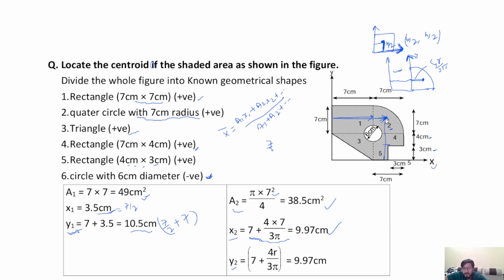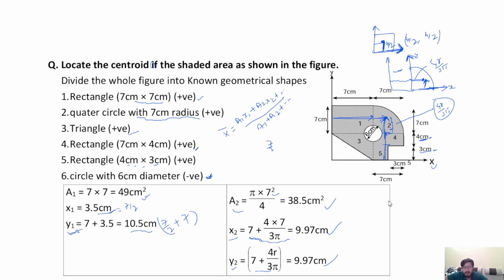This is the distance 7, 3 plus 4 is 7, and this distance will be equal to 4r by 3 pi, because if we take the reference axis from the bottom of this quarter circle, this is the distance 4r by 3 pi. 4r by 3 pi plus 7 is the centroidal distance of this quarter circle.